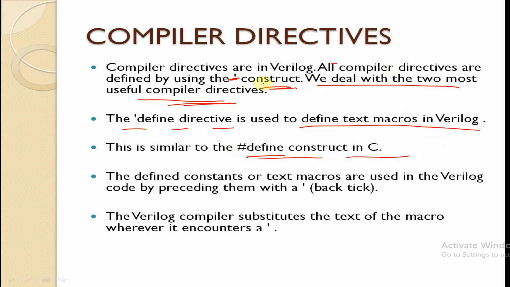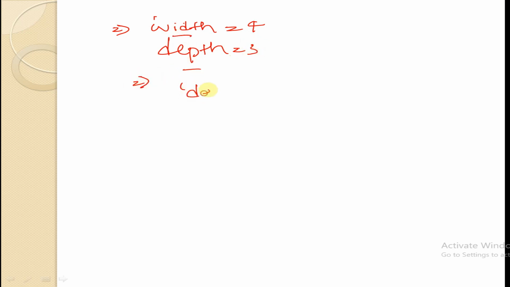So suppose we are building a memory of width 4 and depth 5. It is also similar to parameter, but here the difference is we are defining this width and depth using the tick define directive.